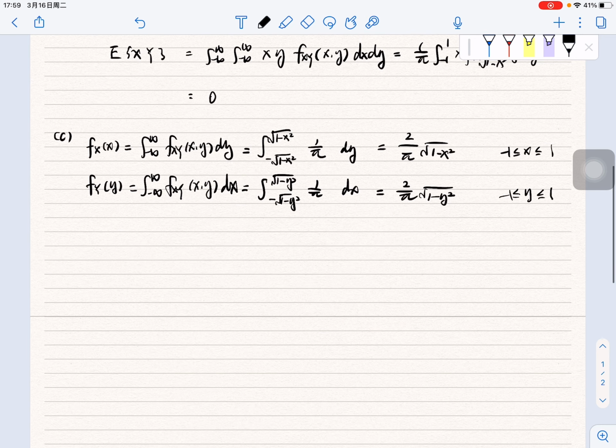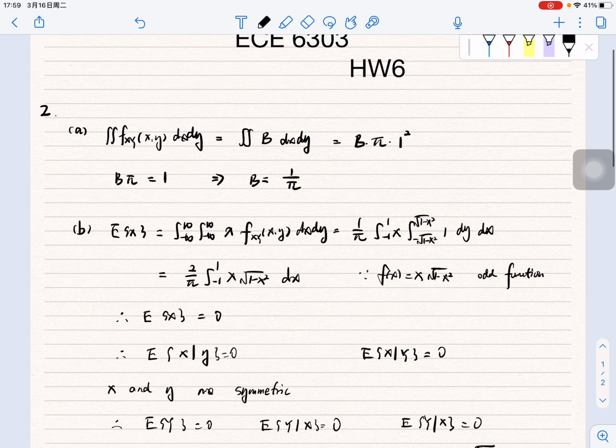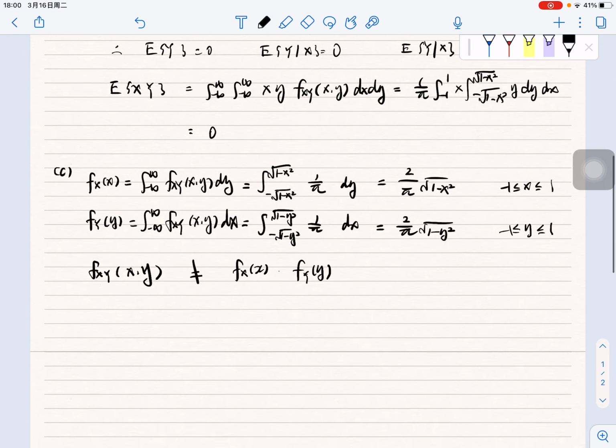We know that f_XY is not equal to f_X multiplied by f_Y, because f_XY is a constant, which is 1 divided by pi.